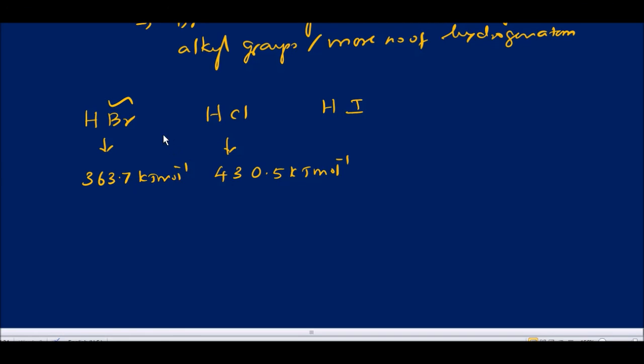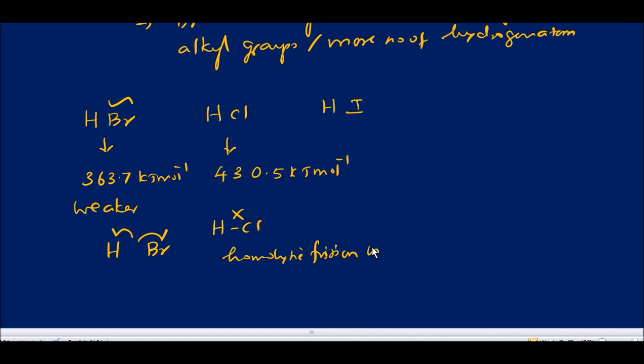So it is a comparatively weaker bond, the HBr. So it undergoes homolytic cleavage more readily to generate radicals. But HCl does not undergo homolytic fission. Homolytic fission is not easier in the case of HCl as it has greater bond energy.